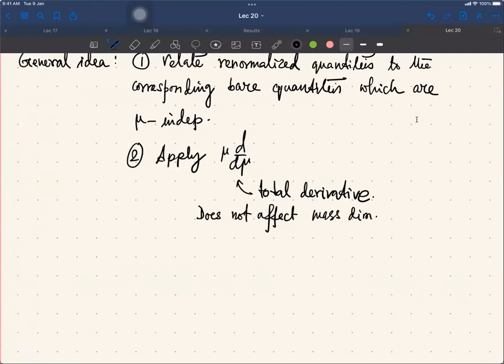Then that will lead to a first order differential equation involving the couplings, and one solves that. One has to solve those equations for the running couplings.